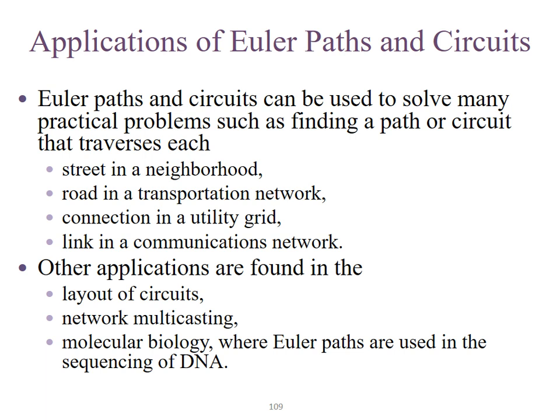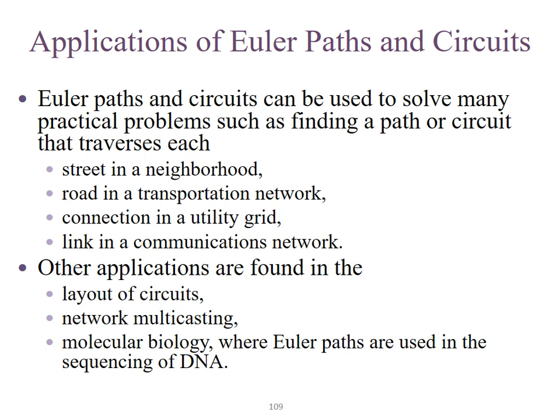Actually, we know how to transform different applications into graphs. For example, we have different intersections of the street in the local neighborhood. Then we can transform the street and intersections by the graph. Or we can also transform the communication links in the computer networks. And then we can discover if we have the path or the circuit.